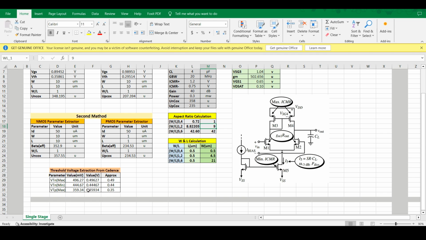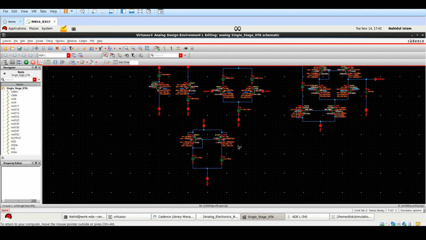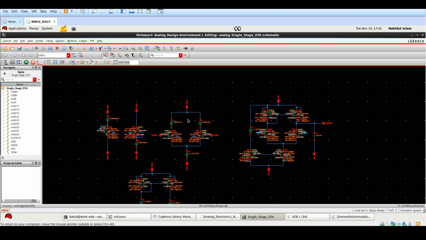The maximum threshold voltage was the PMOS, which is basically 359.34 millivolts. If I approximate it in the voltage range, it will be 0.35 volt.